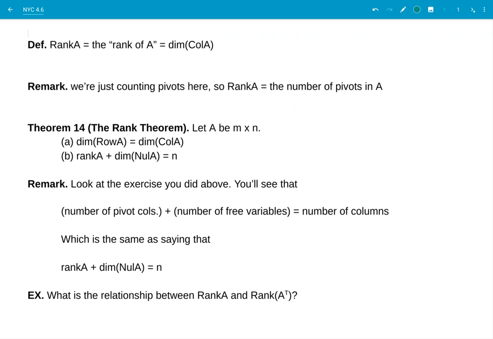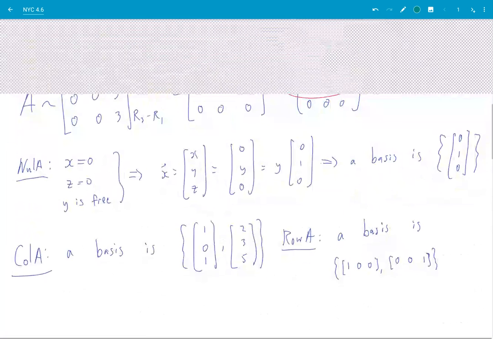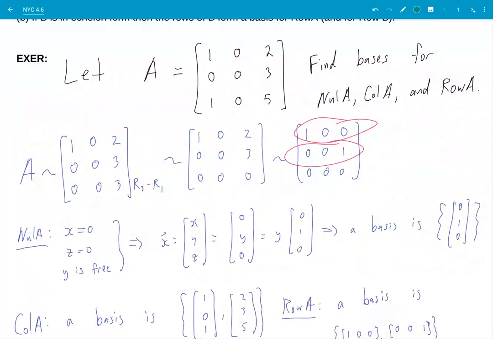Okay, and the rank theorem. The rank theorem, let's talk about part B first. Okay, this is something you've actually probably noticed already. Look at this exercise up here. If I look at, say, this matrix here, there are 1, 2, 3 columns. You have a free variable here, then you have a pivot column and a pivot column.